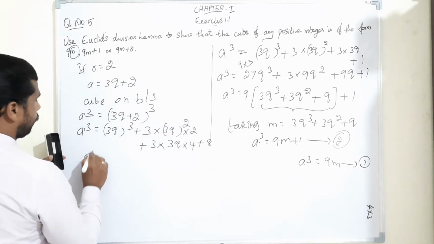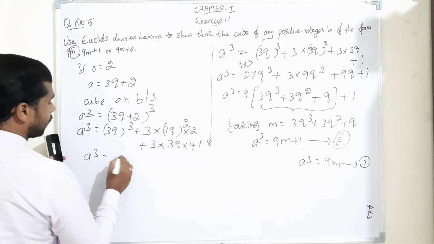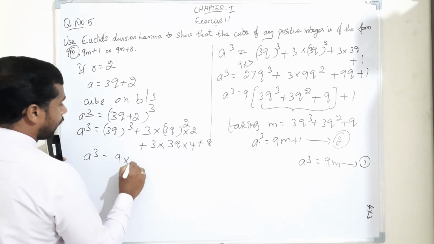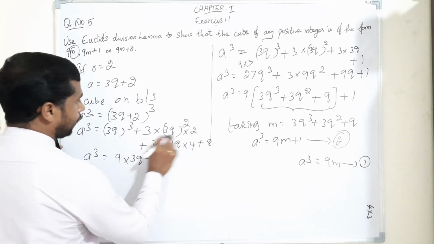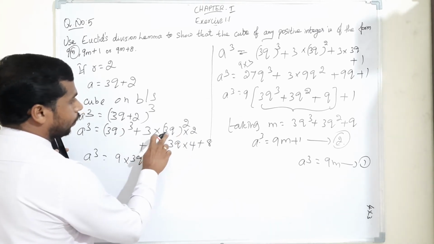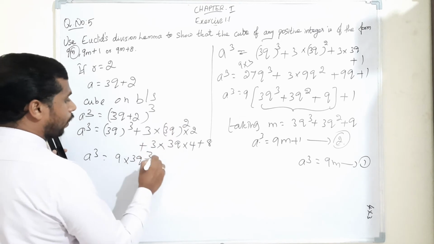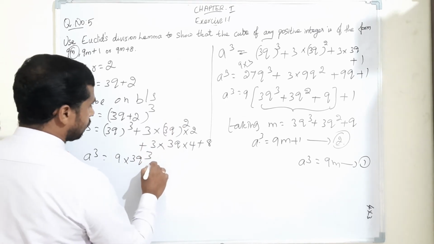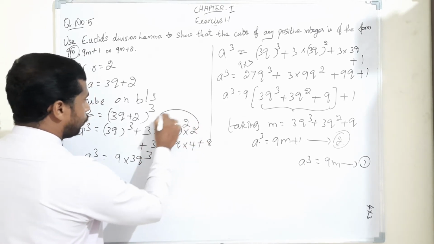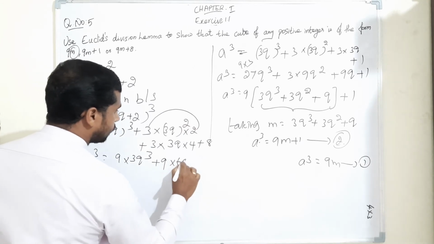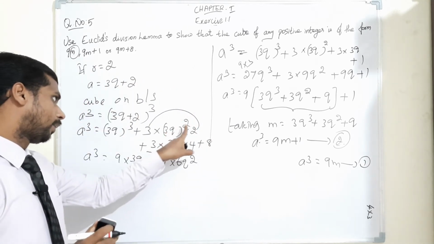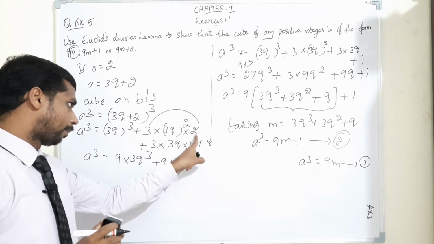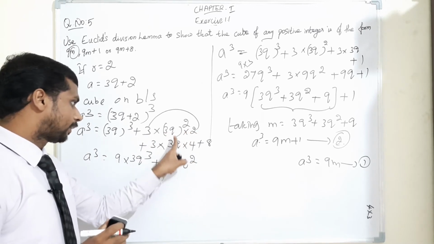Now a cube is equal to 27q cube, we can split it as 9 into 3q cube. Next, if you remove the bracket, 9q square will come. So plus 9q square, then plus 9 into 6q square, isn't it? Listen my dear friends, this is if you remove the bracket, 3 square. So 9 I have taken, remaining the constant 2 into 3, 6q square.